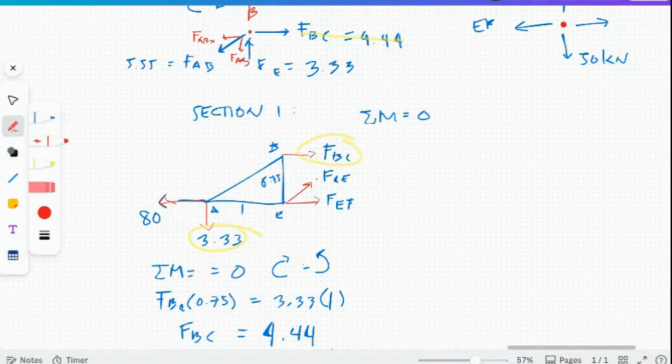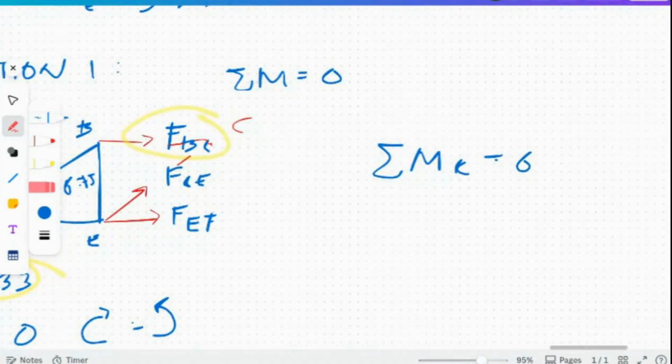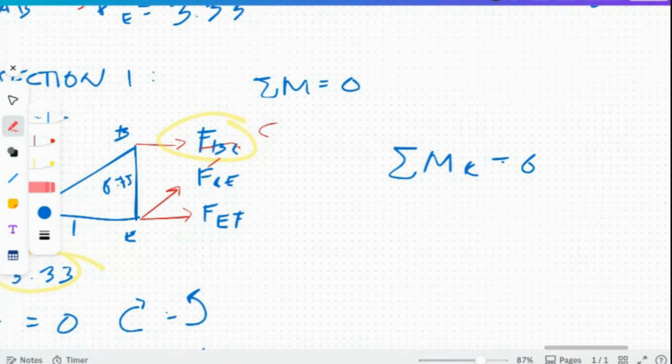They meet at this point over here, which is C. So we could actually do summation of moments at C. Even if it's not there, imaginary, it actually exists, right?